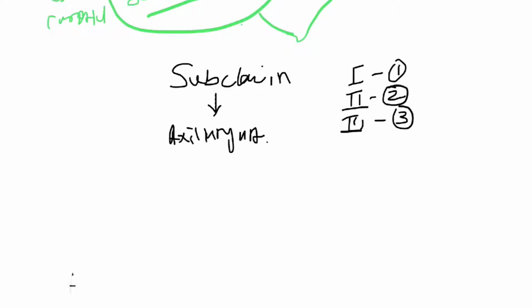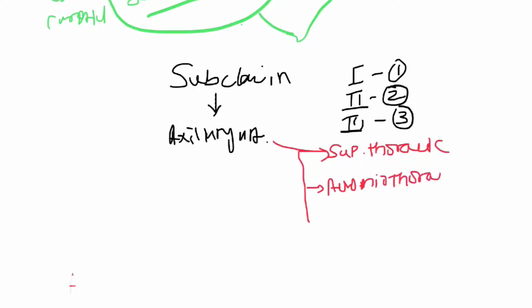So their names I will write here. The first one is superior thoracic, the second one is acromiothoracic, or thoracoacromial.